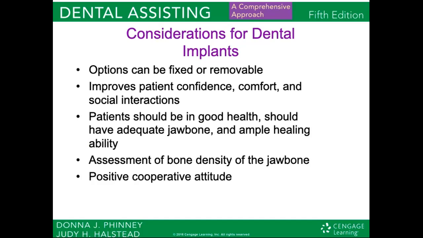Patients should be in good health, though, and should have adequate jawbone and ample healing ability. If they don't have adequate jawbone, if they've lost a lot of bone due to not having teeth for a while or severe periodontal disease, and or they have some type of issues with healing, let's say they have uncontrolled diabetes or something like that, that would be a contraindication for having implants.